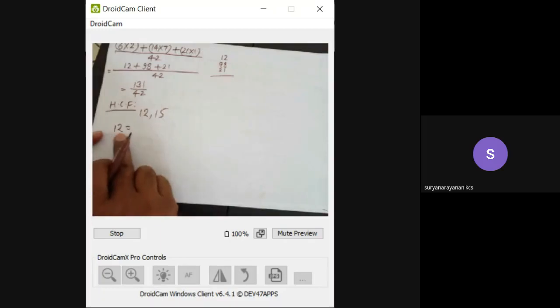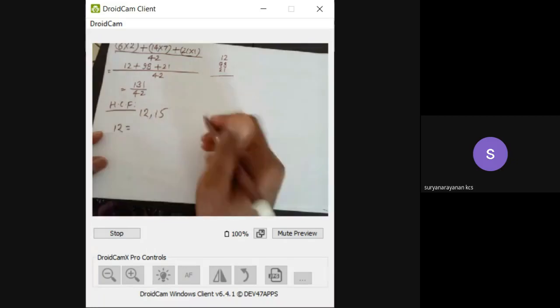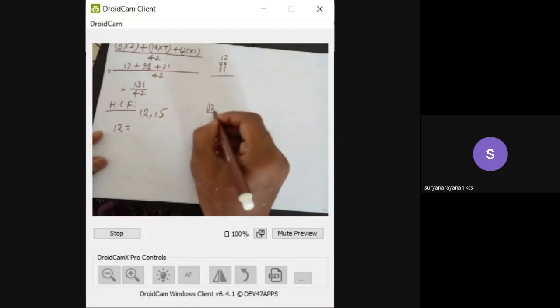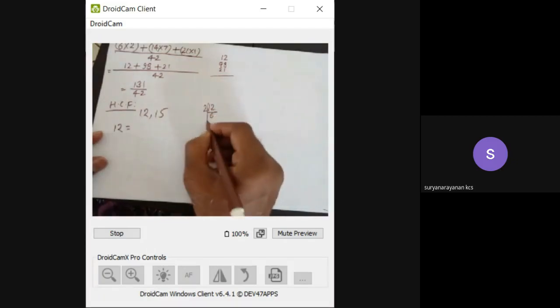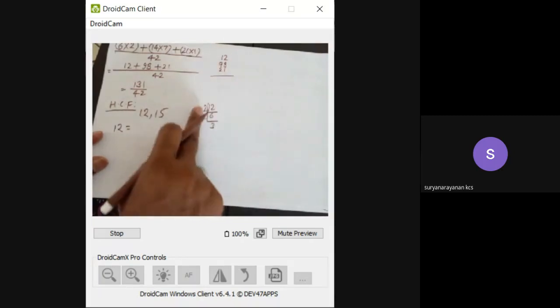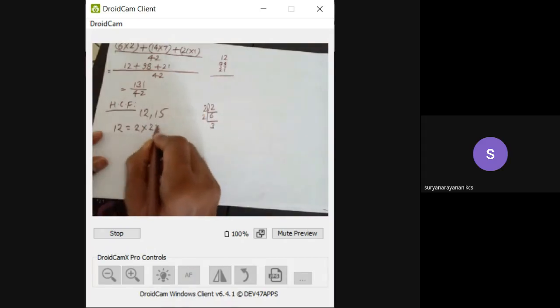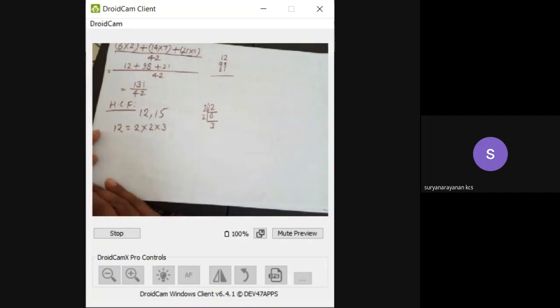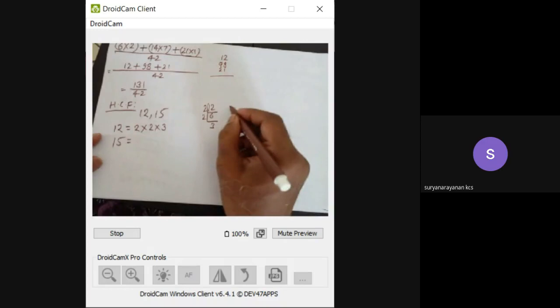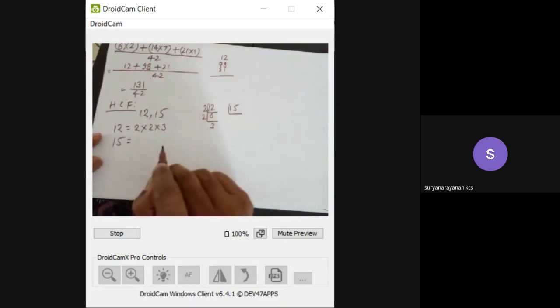We write this 12, the first number, as a product of prime numbers. So 2 6 times, just like LCM, 2 3 times. We got all the prime numbers here. So 2 into 3. Next, 15. Similarly, we find the prime factorization of 15.